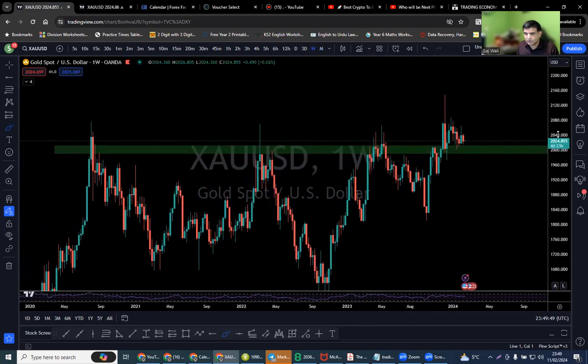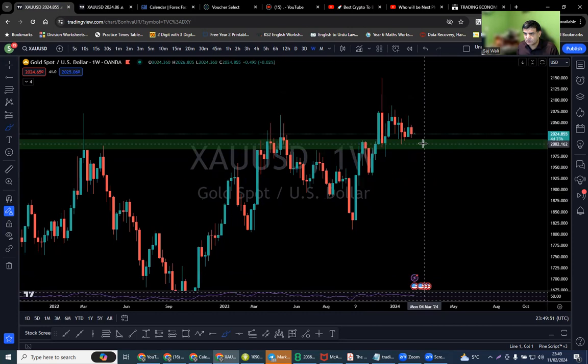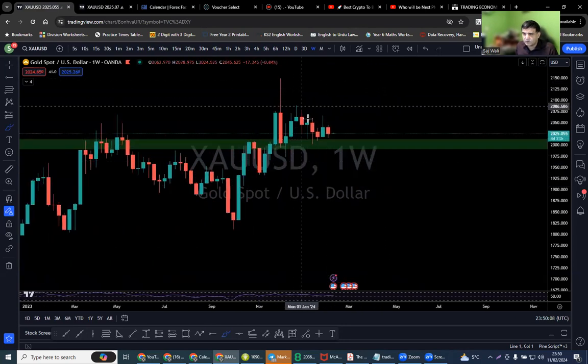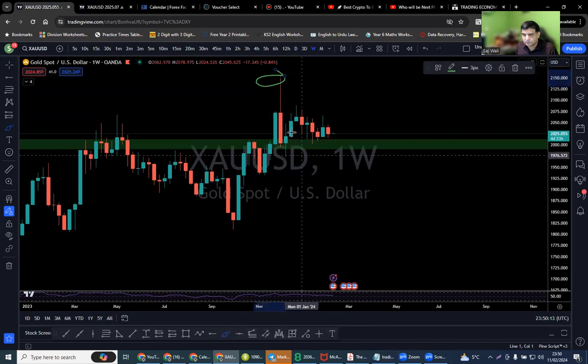And for weekly, similar situation. We need to see good candles here going down with good momentum. Then we can look for a bearish setup further to the downside. And also you've seen that market is rejecting from the top in weekly.